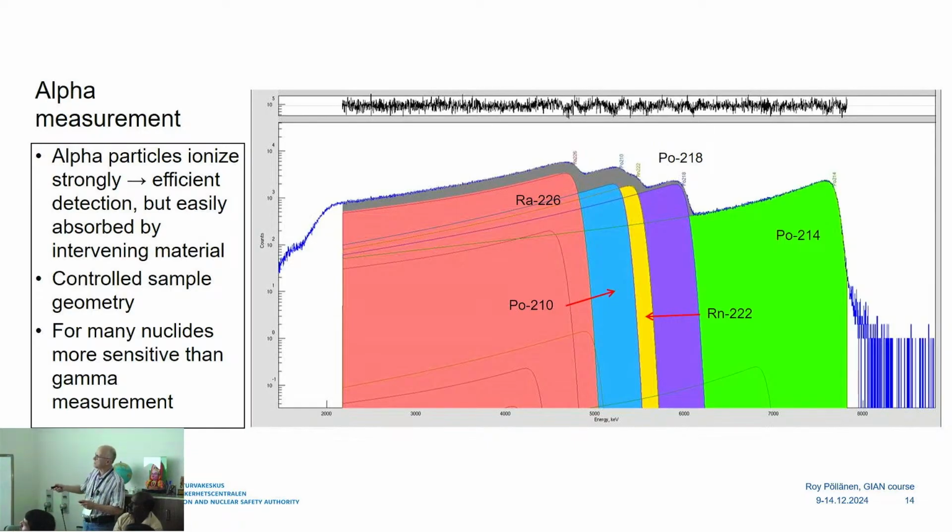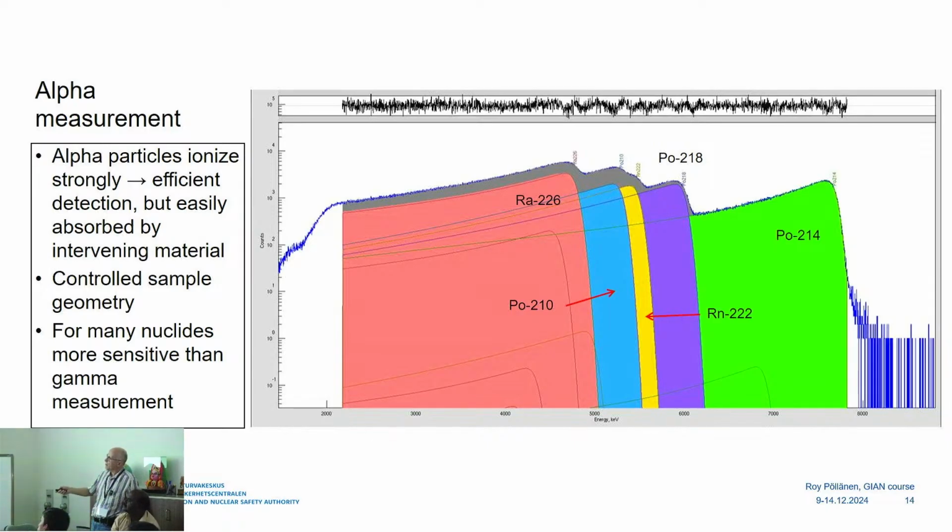So this is the same spectrum. I analyzed this spectrum by one of our analysis softwares. Now you can see the different nuclides present there. So we can analyze also these kind of spectra.